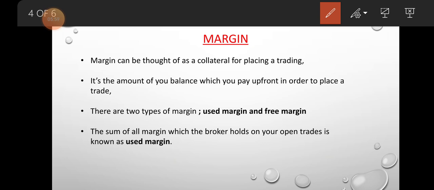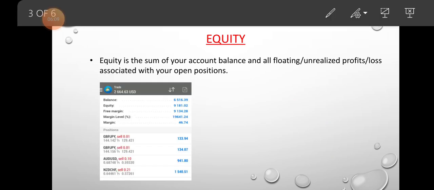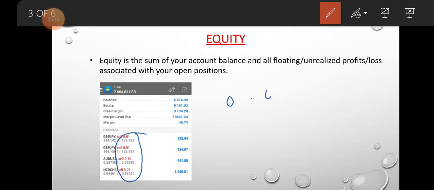So there are two types of margin. We have the used margin and we have the free margin. From the previous example, if you look at each of these trades, these are the lot sizes. The first one was 0.01, the second one 0.01.